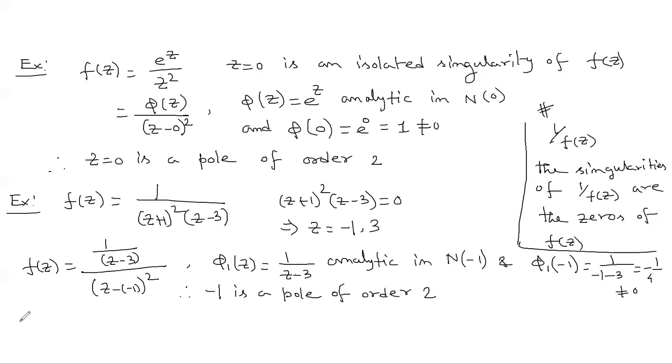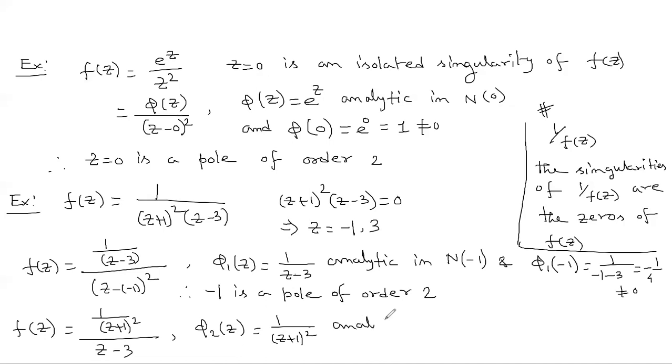2. Secondly, if we write f(z) as 1 by (z plus 1) whole square divided by (z minus 3), here our phi 2 of z is 1 by (z plus 1) whole square, which is analytic in the neighborhood of 3, and phi 2 of 3 is equal to 1 by (3 plus 1) whole square, which is 1 by 16, not equal to 0.